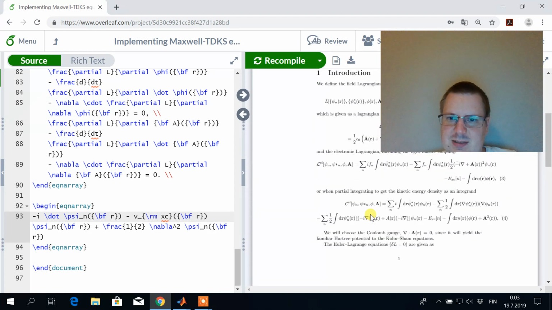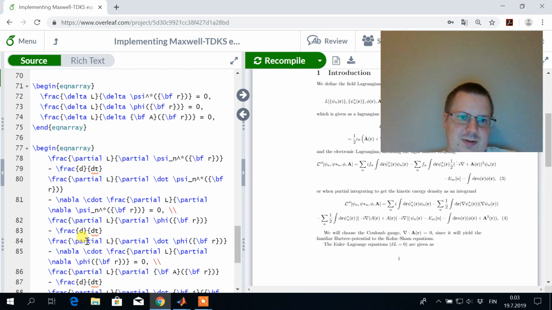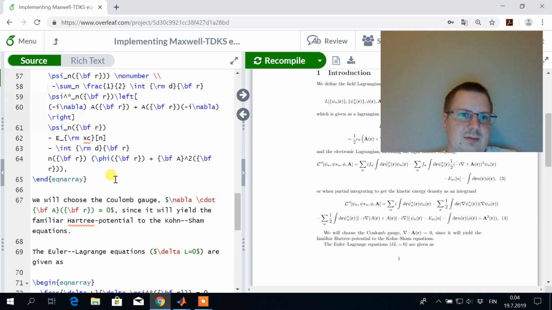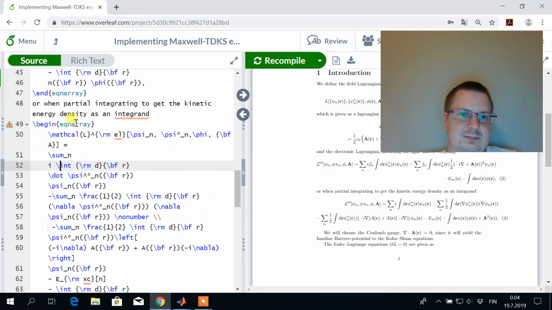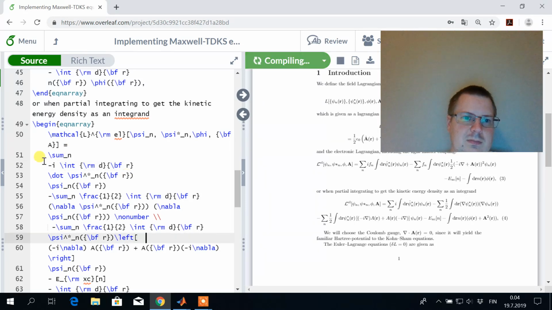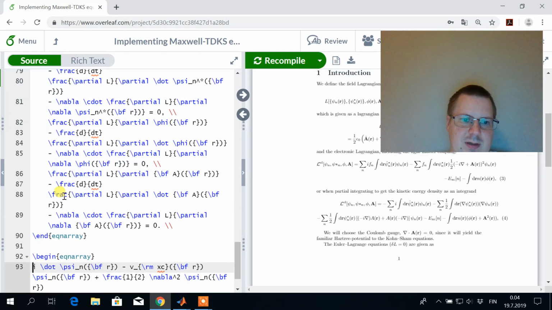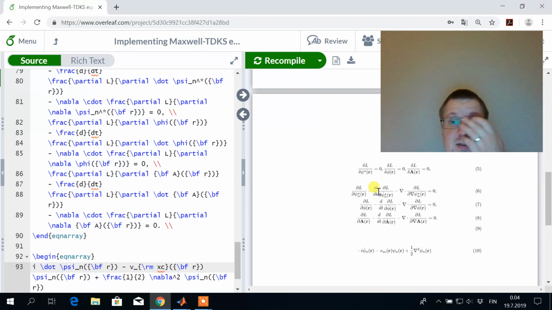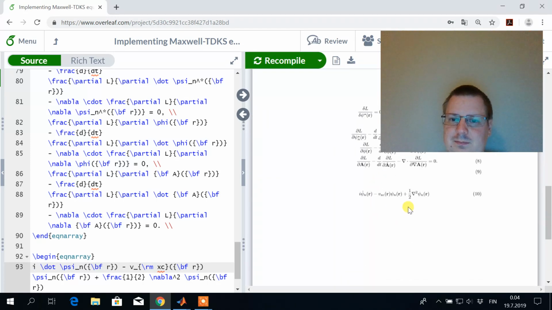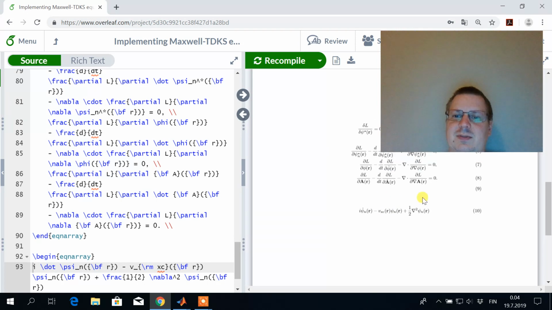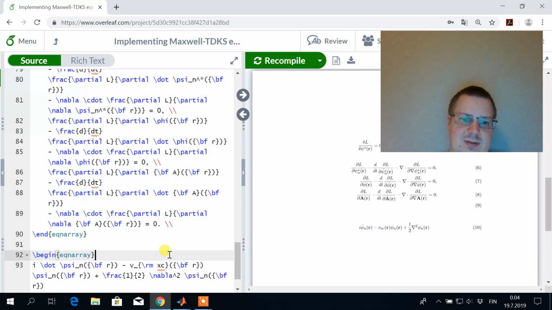So I'm just guessing that in the Lagrangian one should have minus I here, and then it reflects as I over here. So now when we move the VXC and the kinetic energy to the right hand side, they will have the correct signs of the kinetic energy and this one.